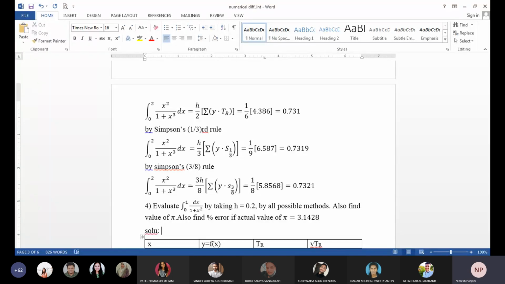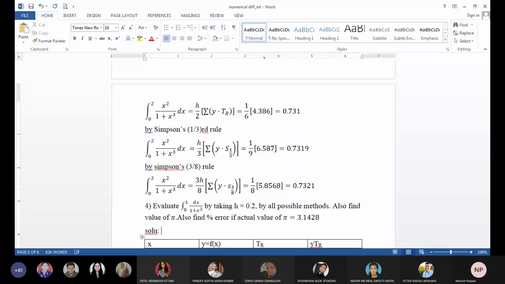ठीक है? So next is to evaluate 0 to 1, 1 upon 1 plus x square by taking h as 0.2 by all possible methods. अभी यहाँ पे h दिया हुआ है, n नहीं दिया हुआ है. And we have to also find the value of pi and percentage error of pi if actual value of pi is 3.1428. ठीक है.